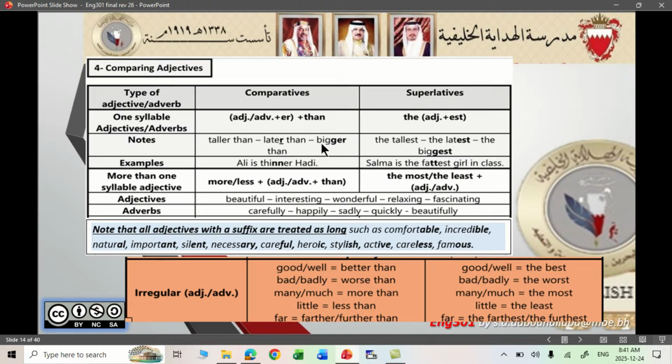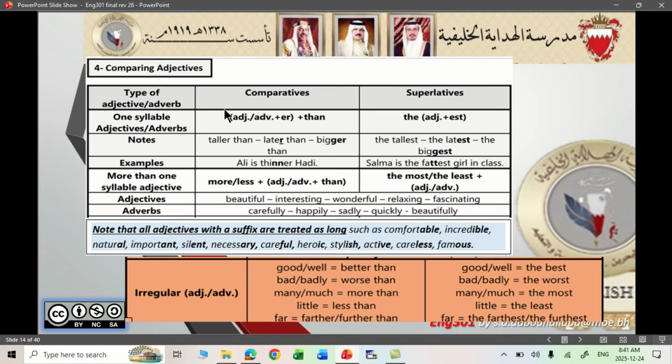When we have an adjective ending in a consonant that comes after a vowel and a consonant, we double the final consonant, the CVC as we call it. C, consonant, V, vowel, C, consonant. We double the final consonant, like big, bigger, small, smaller, thin, thinner, and so on.